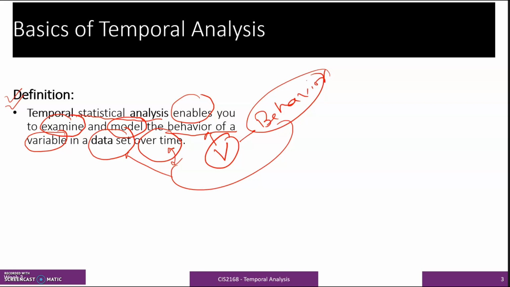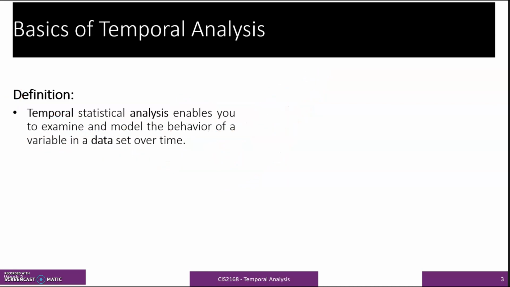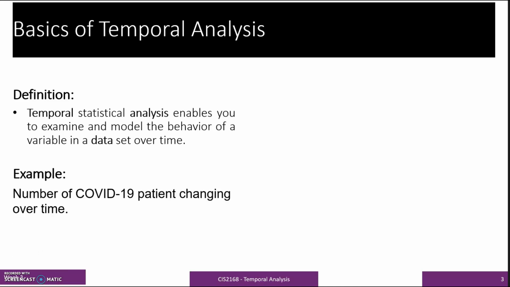In order to explain the concept of temporal analysis in an effective manner, I have presented one example. The example is on number of COVID-19 patients changing over time. In this example, my variable is number of COVID patients and I am representing it as n_c_p, number of COVID-19 patients.